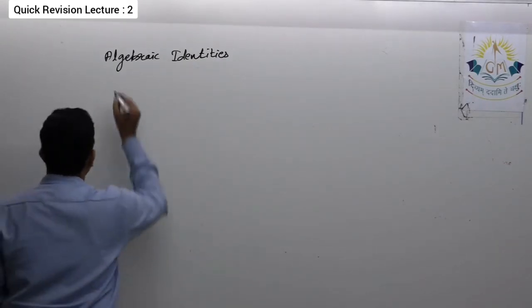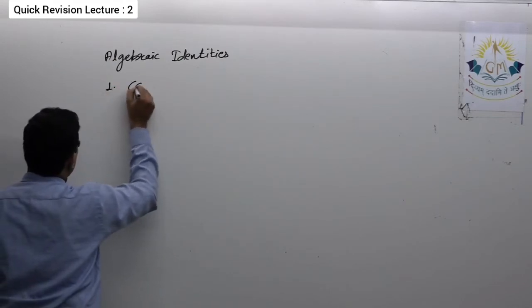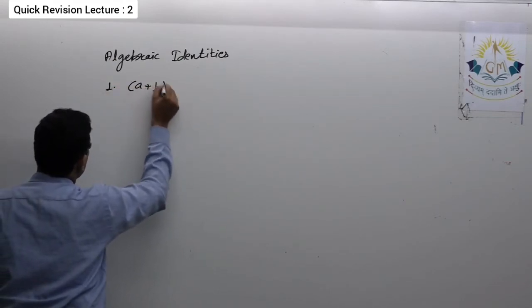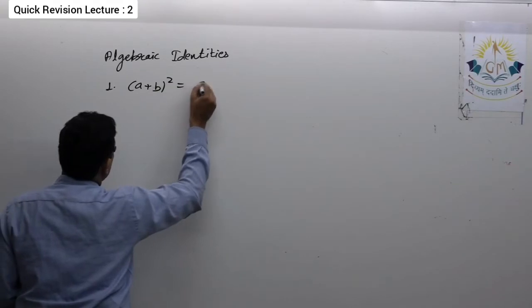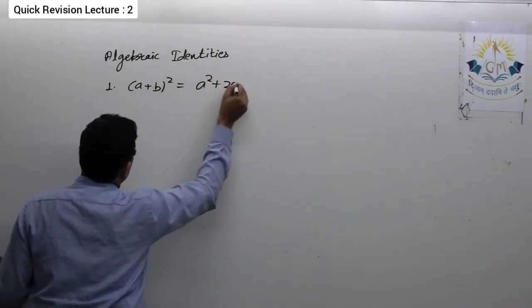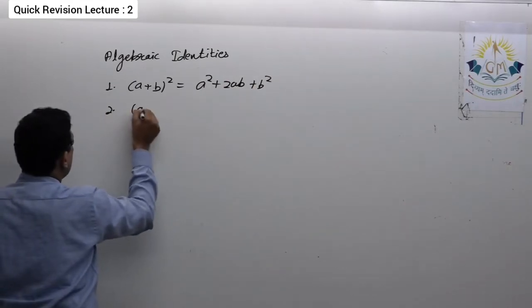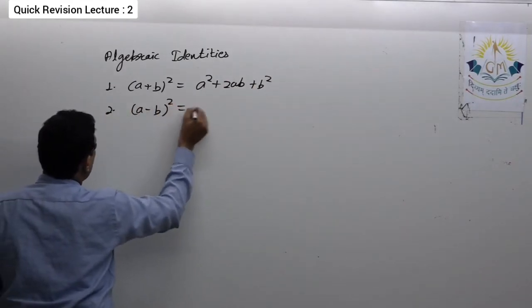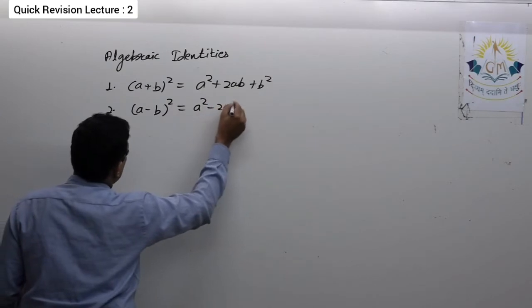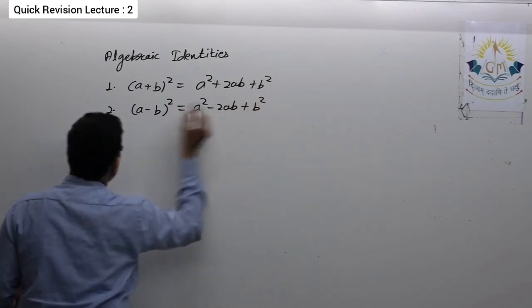So the very first identity that you might have learned from class 8: a plus b whole square, that is a square plus 2ab plus b square. Second is a minus b whole square, that is a square minus 2ab plus b square.